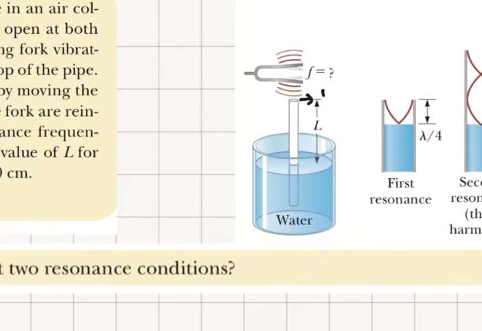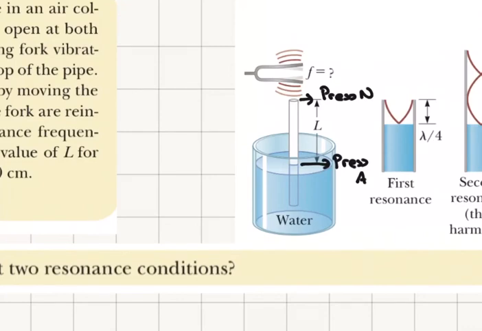So first of all, I have to understand the boundary conditions here. Clearly here I have a pressure node because it's open air, and here it will behave like a closed end, because there is a change in the character of the medium, and here I have a pressure antinode.